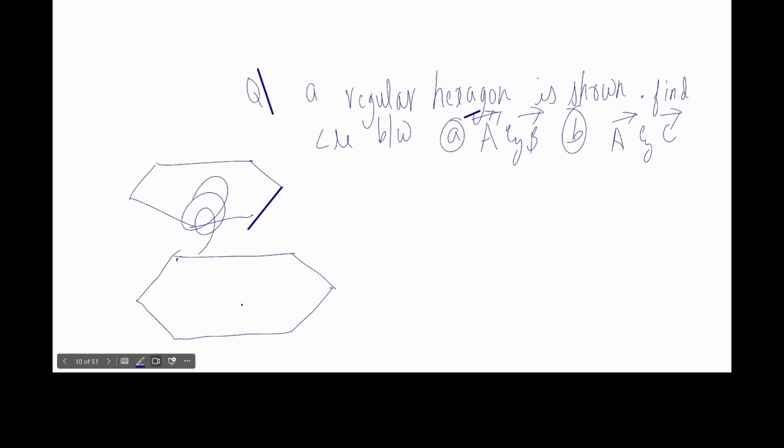So this is vector A, this is vector B, vector C, vector D, vector E, and this is vector F. The direction is like this.